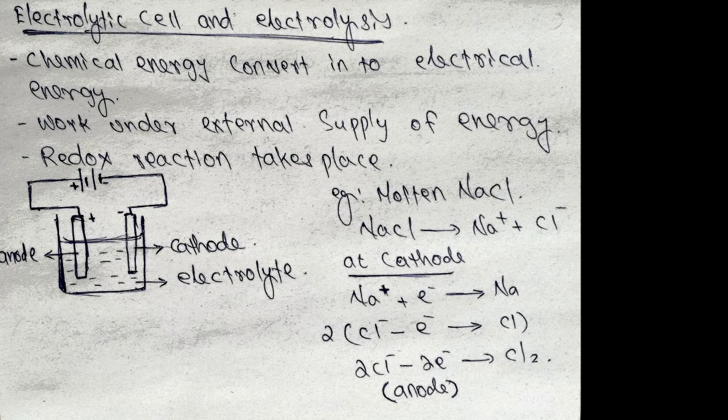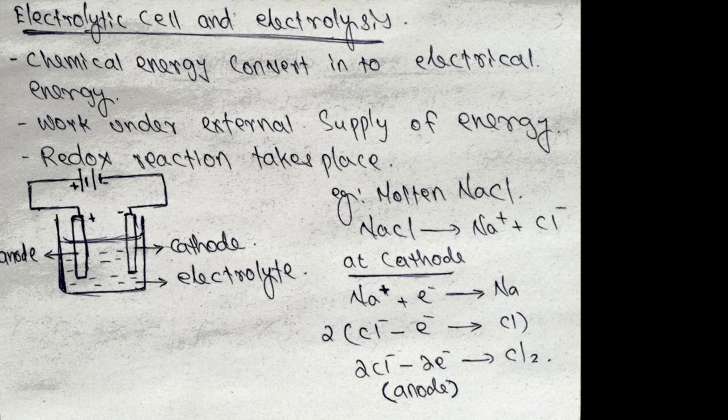After strong heating it melts and changes to liquid form and forms Na+ and Cl- ions. Positively charged ions are called cations and negatively charged ions are called anions. Cations means Na+, anions means Cl-.